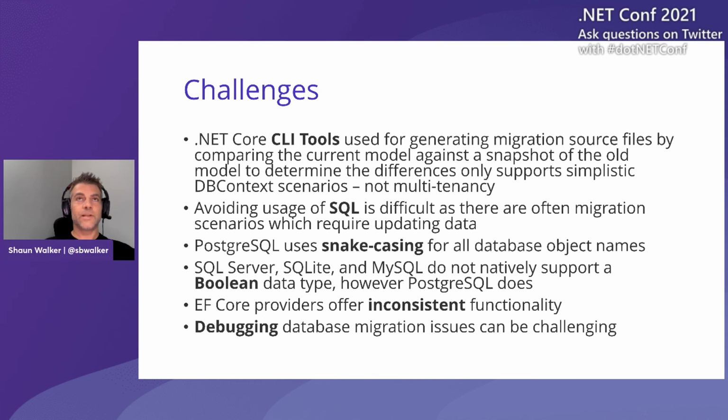Basically, they rely on the fact that you have static definitions defined for your application. And in a more sophisticated framework like Octane, there aren't any static references. It's all dynamic, and of course it's multi-tenant. So those CLI tools aren't capable of handling it. So you have to hand create those migration classes. Of course, that's not very difficult to do once you become accustomed with what migration classes are all about.